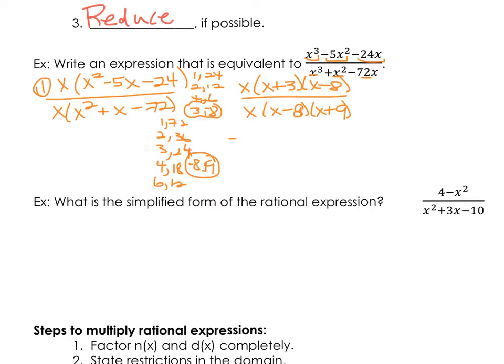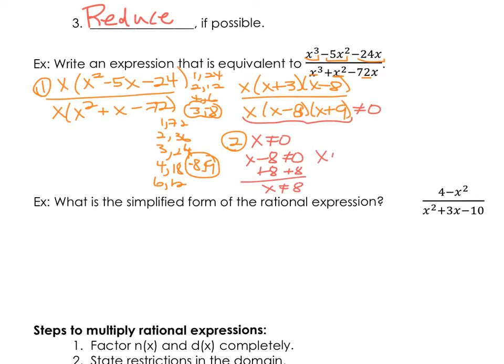Step 2, we want to state any restrictions in the denominator. Remember, by definition, we can't let whatever we plug in for x make the denominator equal 0. So if I set that first x not equal to 0, there's nothing we have to do with that one. If we say x minus 8 can't equal 0, we'd have to add 8 to move it over, and x can't equal positive 8.